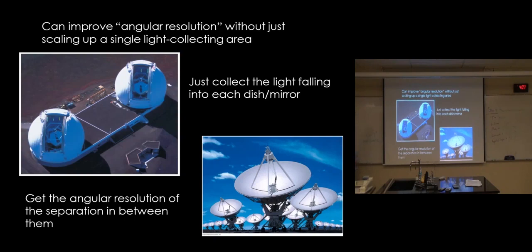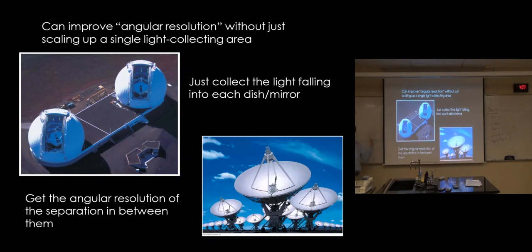Also, kind of iconic astronomy images are things like this. This is the really uninspiredly named Very Large Array. It's a very large array of radio telescopes. And then this is this twin set of telescopes also on Mauna Kea, on the top of that Hawaiian volcano.